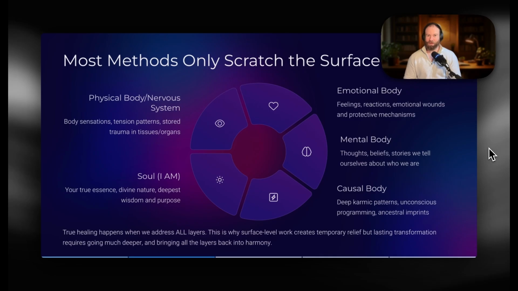And then we get to an even deeper level of body, deeper level of mind, the subconscious mind, known as the causal body. And this is where deep karmic patterns, karmic imprints, and unconscious programming like ancestral trauma and even past life themes come into play.